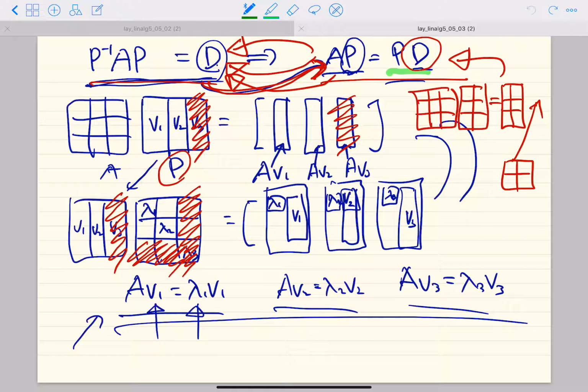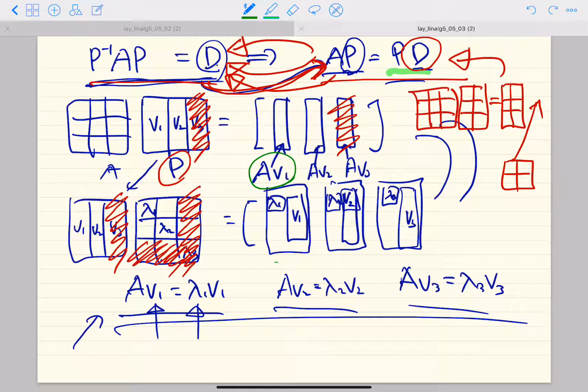And then we understood that it's a column-wise scaling. So the first column times lambda 1, the second column times lambda 2, and the third column times lambda 3. And so here AP should be equal to PD, and so A V1 should be equal to lambda 1 V1, and A V2 should be equal to lambda 2 V2, right?